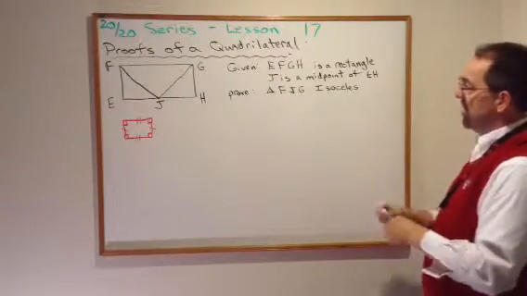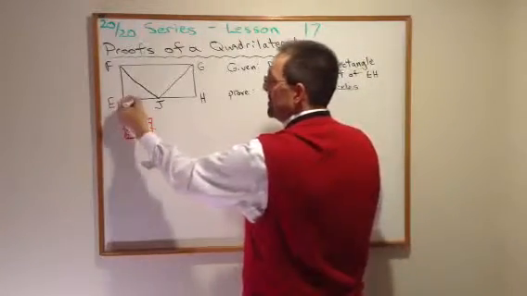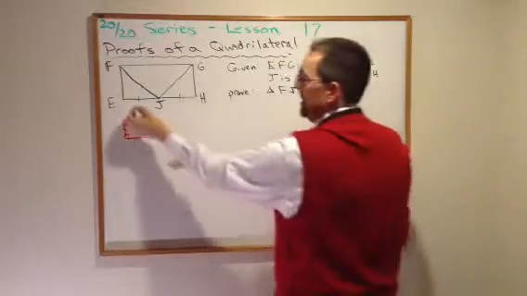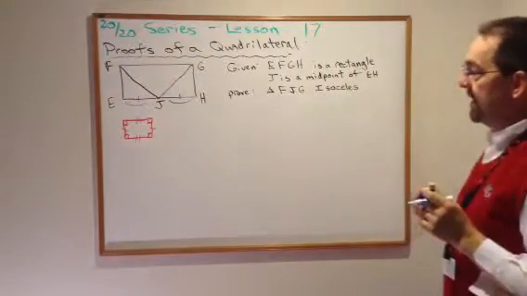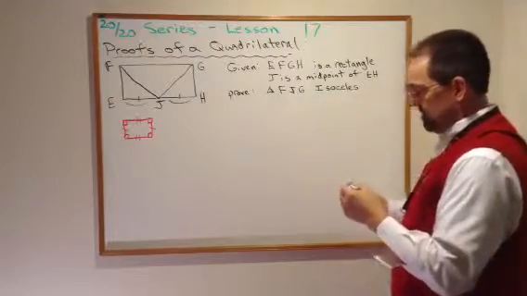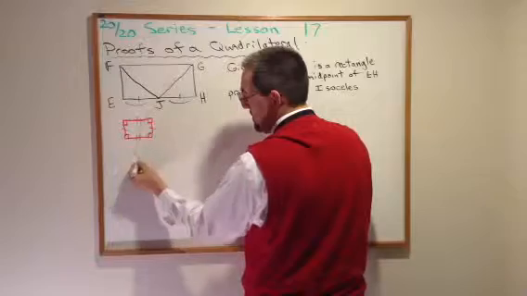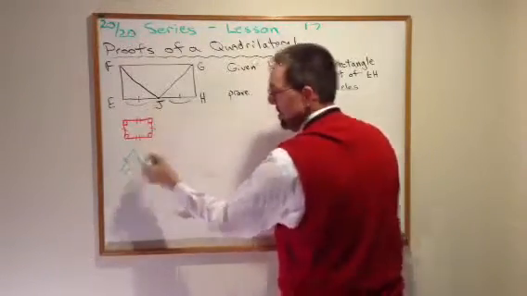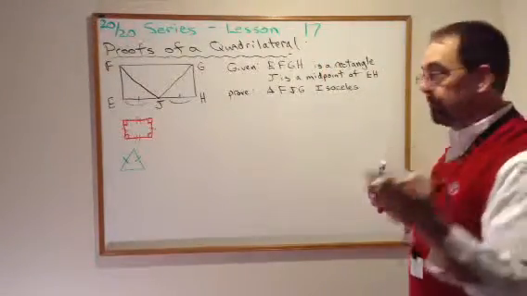J is a midpoint. Let's just mark that right on our original shape. That means EJ is equal to JH. Okay? Isosceles triangle. Let's draw an isosceles triangle. Make sure we remember what that is. Isosceles triangle where 2 legs are congruent.